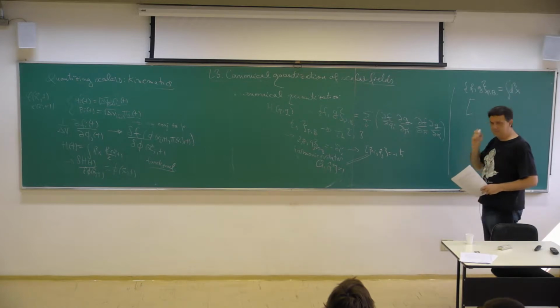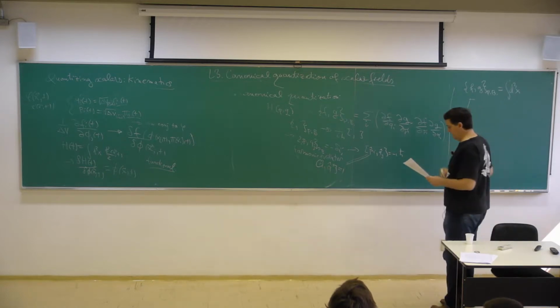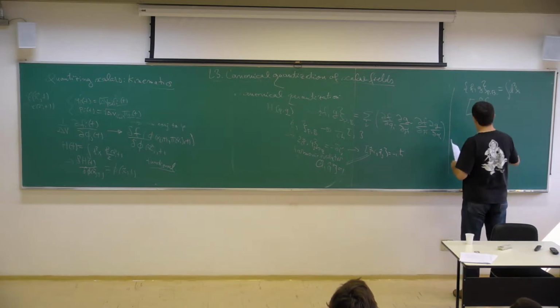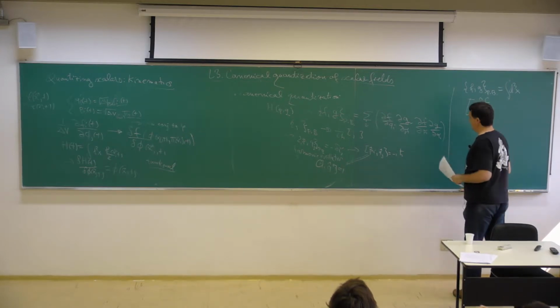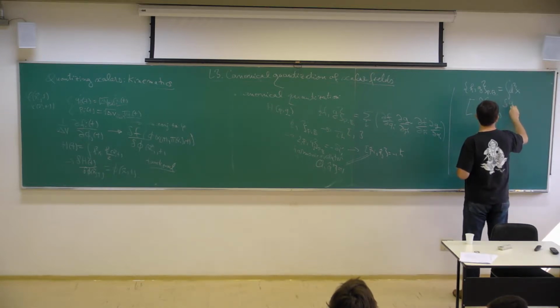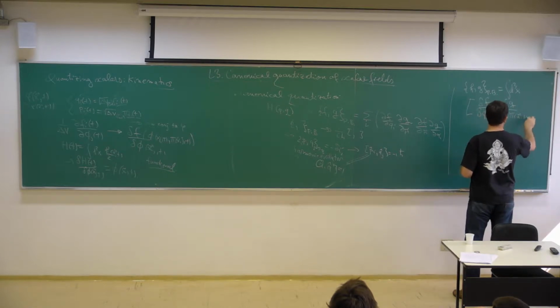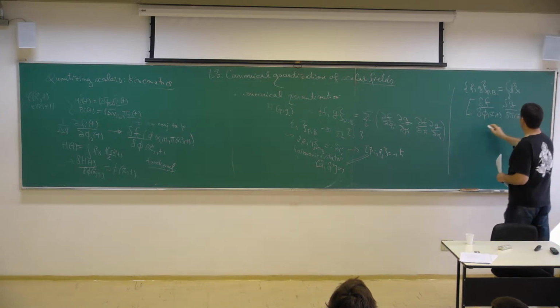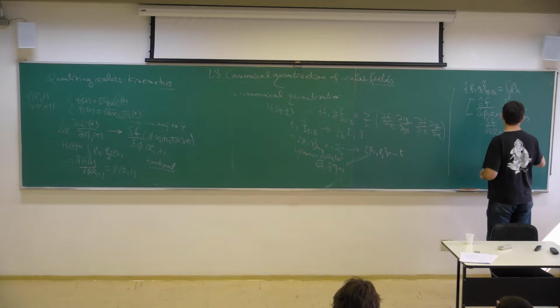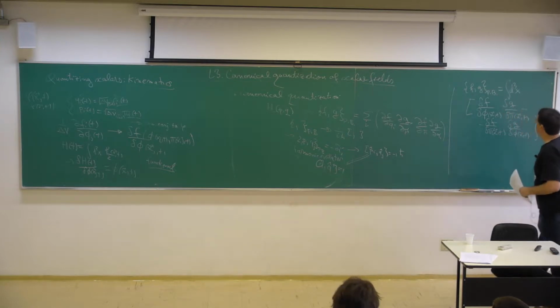And now I would write df d phi of x and t, dg d pi of x and t, minus df d pi of x and t, dg d phi of x and t. Right?